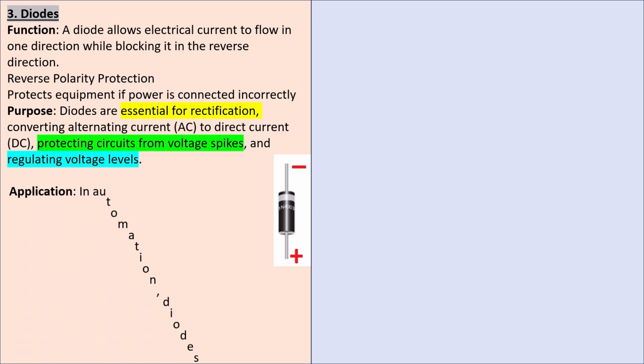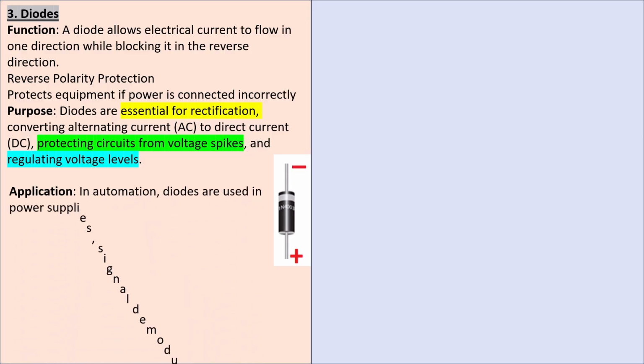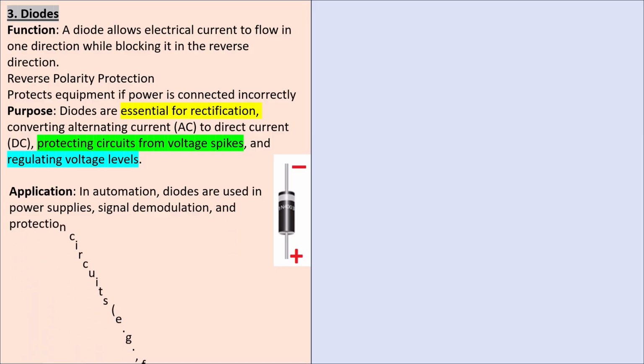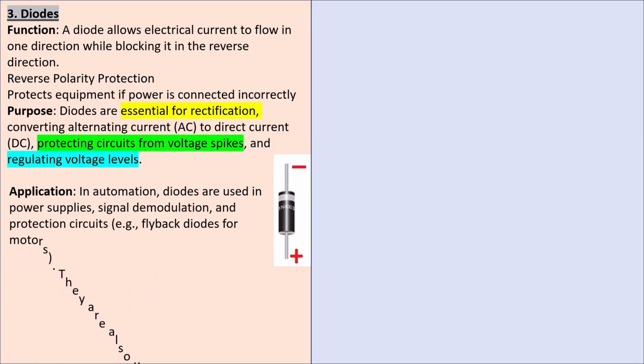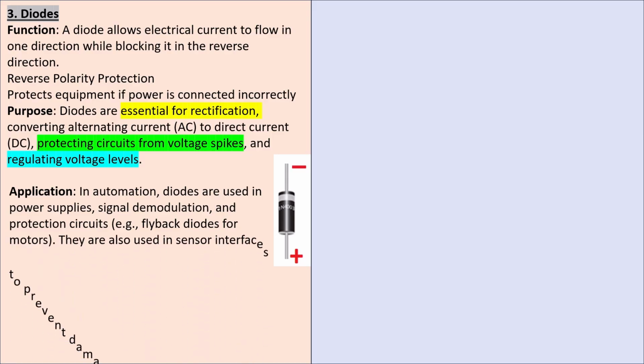The application: in automation, diodes are used in power supplies, signal demodulation, and protection circuits. Example, flyback diodes for motors. They are also used in sensor interfaces to prevent damage from reverse current.